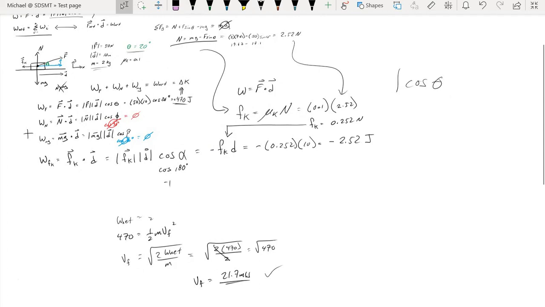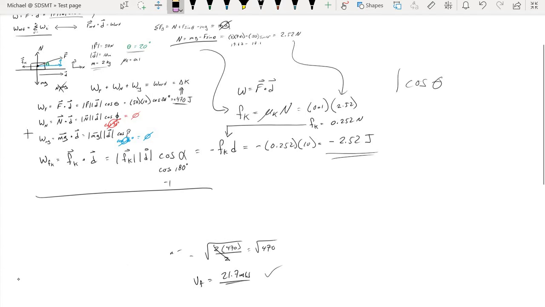So not a whole lot, but do note that the work done by the friction force is negative. Friction forces will always oppose the direction of displacement. And so our friction force will always have to do negative work.